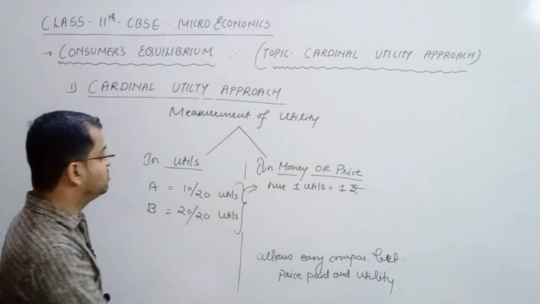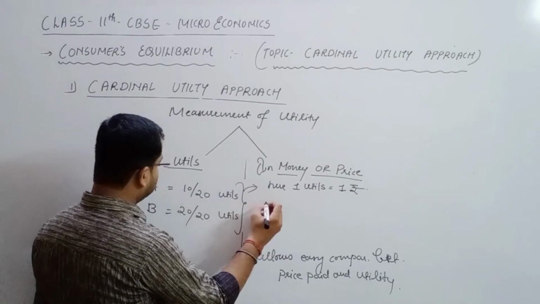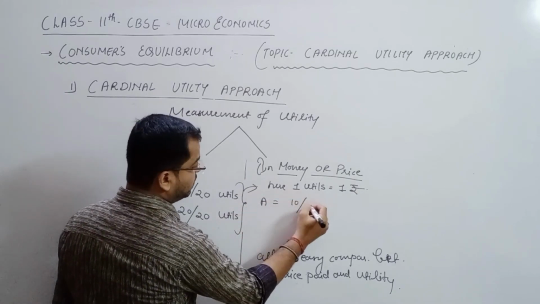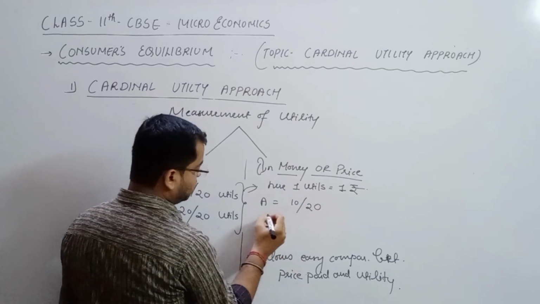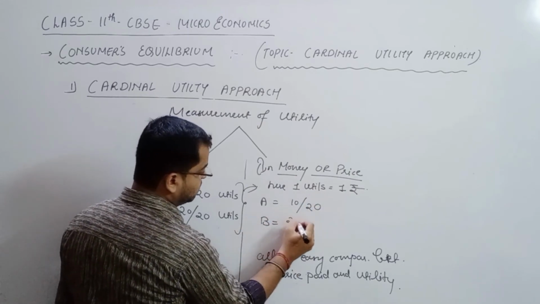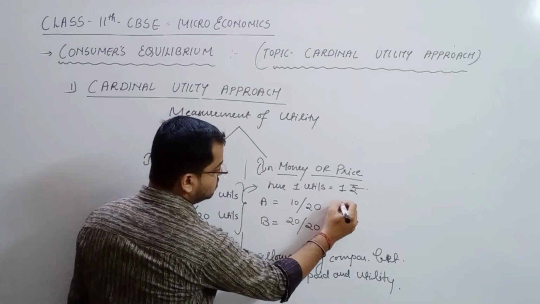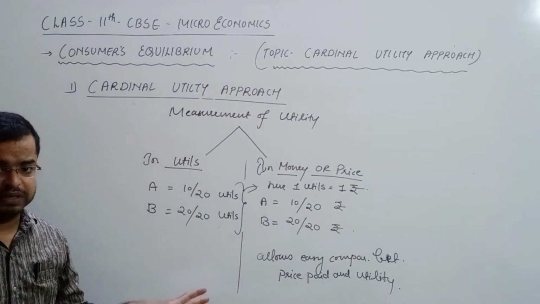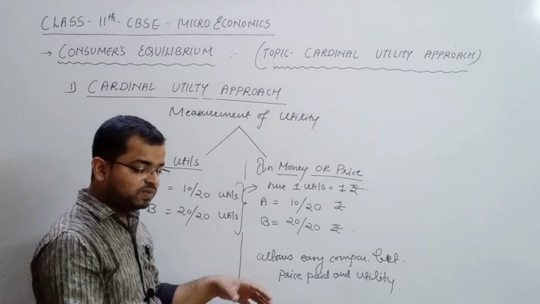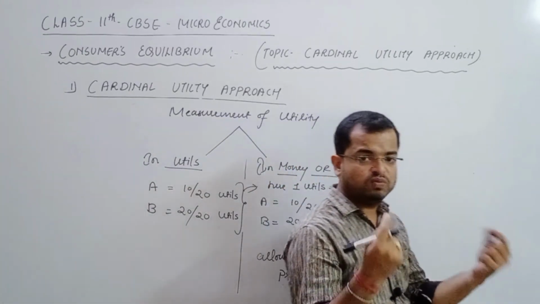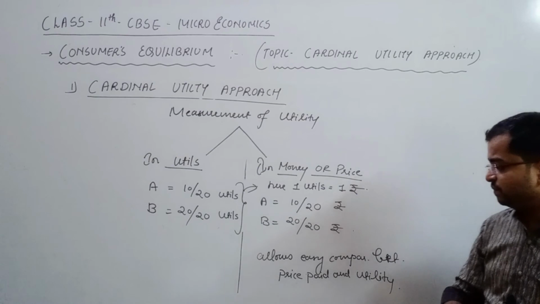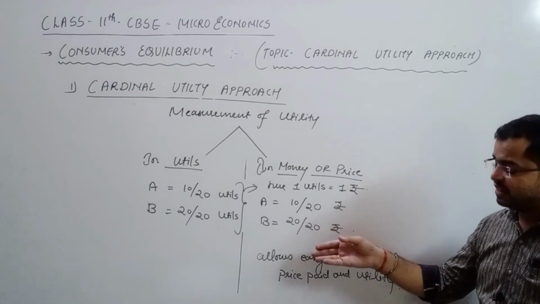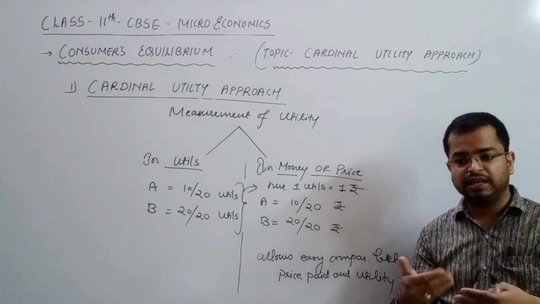Now I can say that from A I am getting 10 rupees of satisfaction out of 20 rupees, and from product B I am getting 20 rupees of satisfaction out of the 20 rupees I have paid. So it is clear that we are calculating the value of utility in money form.